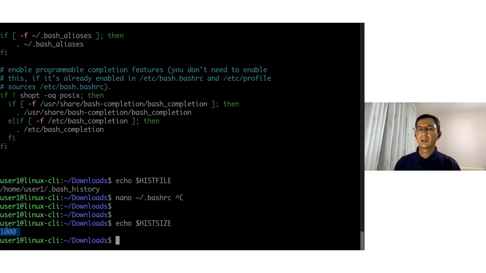It is stored first in RAM, in memory, and then when we log out from the shell, it is appended to this history file. But this variable shows that this list does not grow indefinitely, but keeps only the last 1,000 commands. And suppose that we want to change this one and make it 2,000. Then we can edit the file.